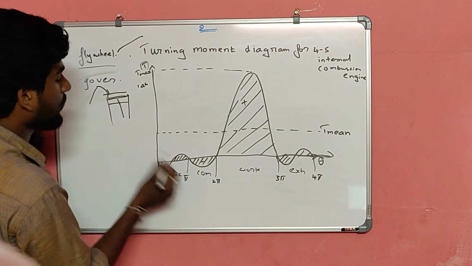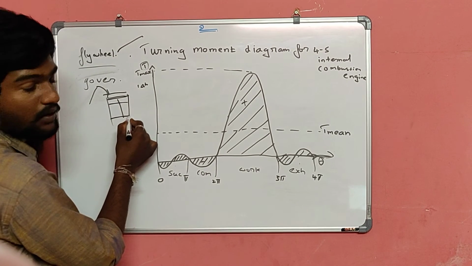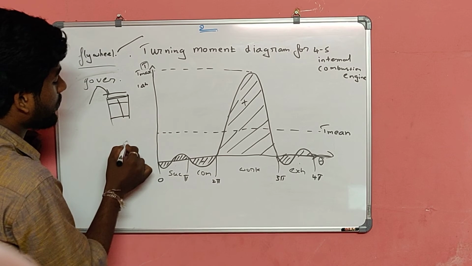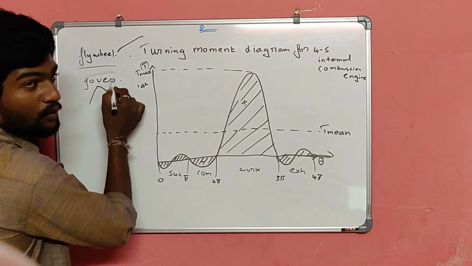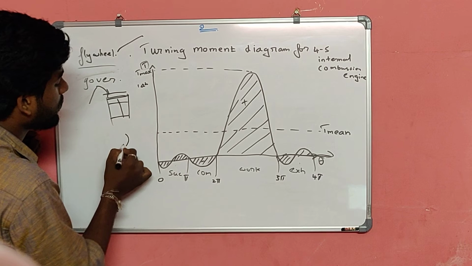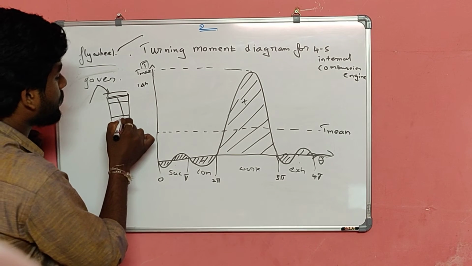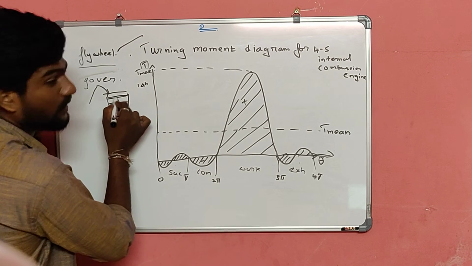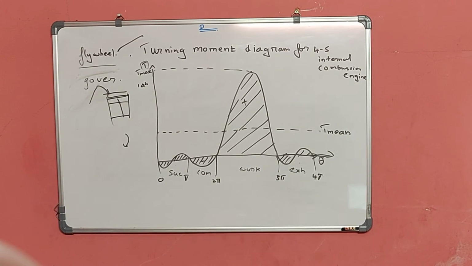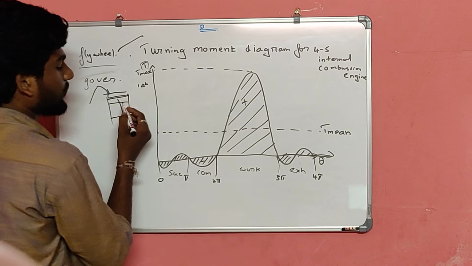After reaching IDC, the piston goes up due to the inertia of the flywheel while the crank comes around. So it starts compressing the gas again.